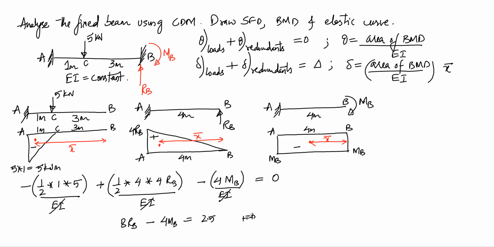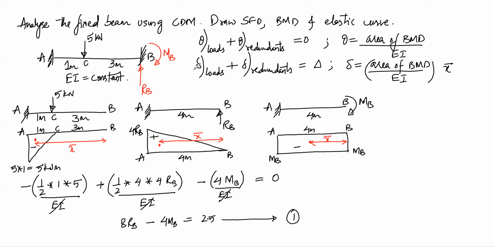Let us call this equation 1. So here we have two unknowns, RB and MB. So this is the first equation.